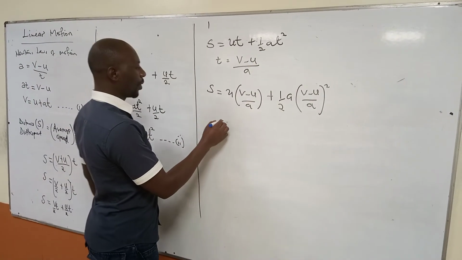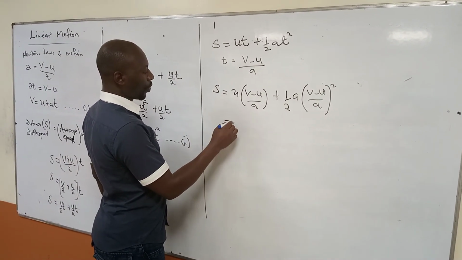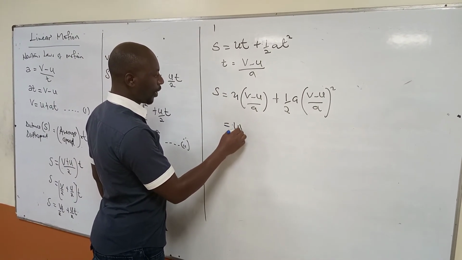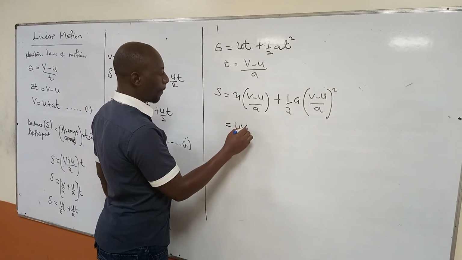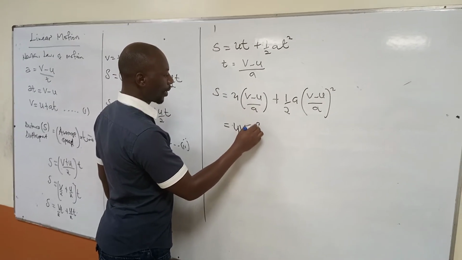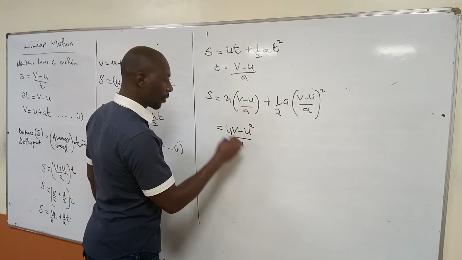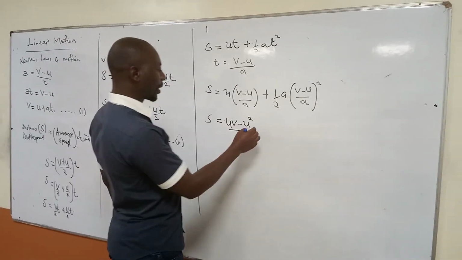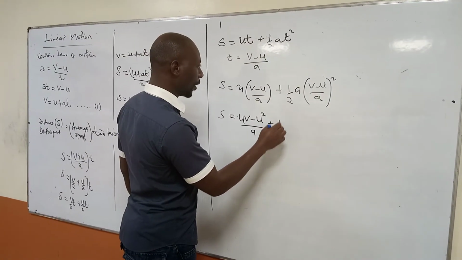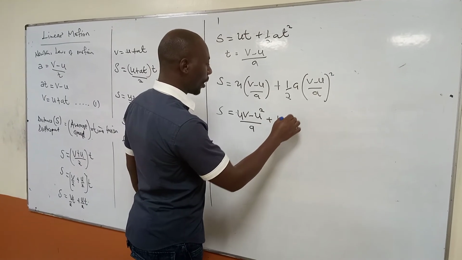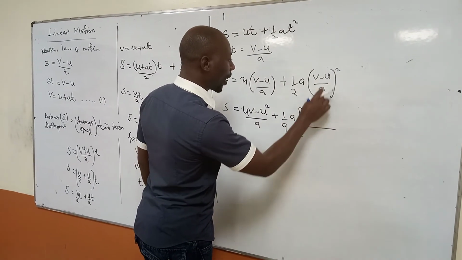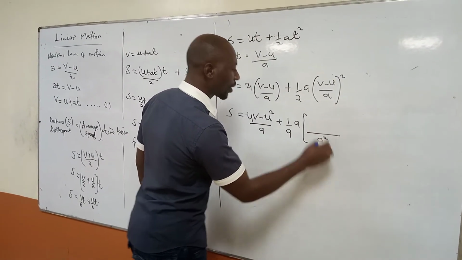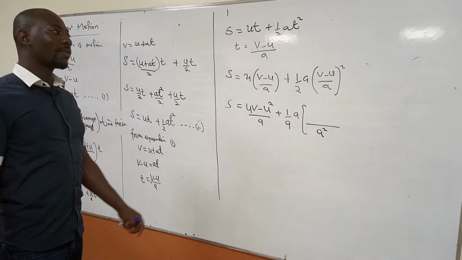So this one shall be uv, expanding here, minus u squared, everything over a is equal to s, plus half into a. So first, if you square this bracket, a shall be a squared in that format.